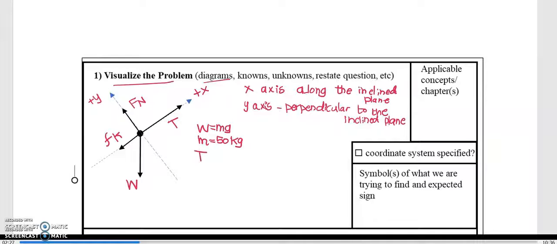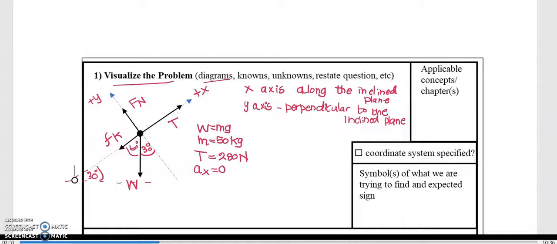Weight is equal to mg, the mass of the sphere is 50 kilograms, and the tension of the rope is 280 newtons. Now the angle of the inclined plane is 30 degrees, and as you can see, this is a right triangle. If that is 30, that should be 60, which means the angle between the weight and the y-axis is 30 degrees.